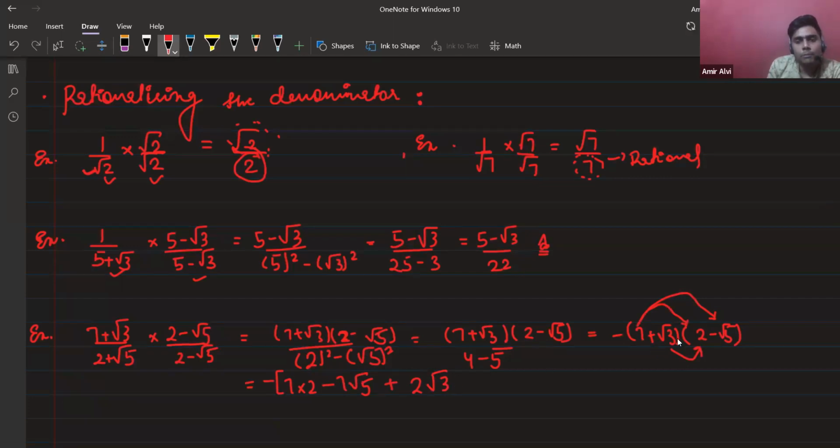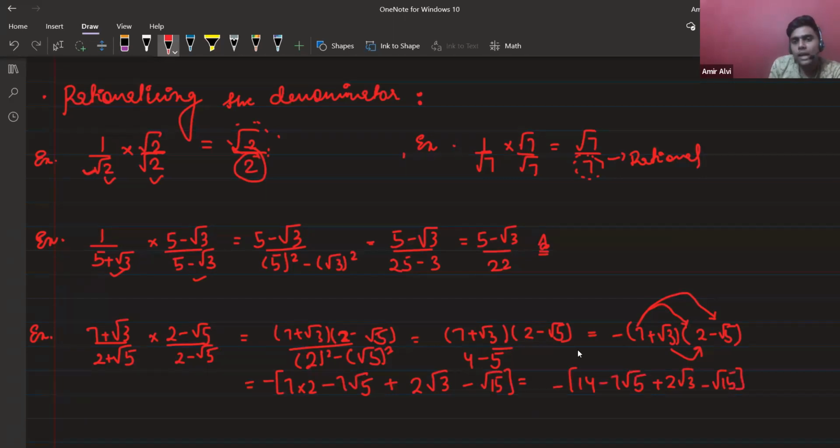Plus into minus is minus, root 3 into root 5, which is root 15. So minus of 7 2s are 14, minus 7 root 5 plus 2 root 3 minus root 15.